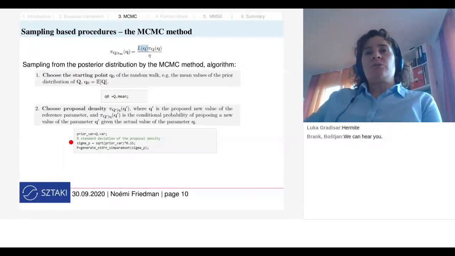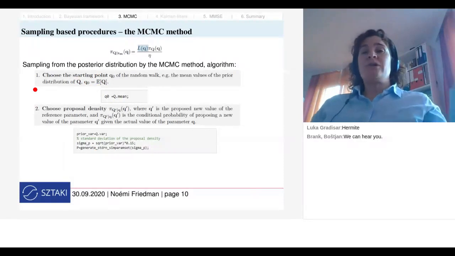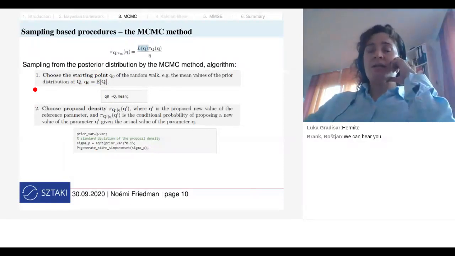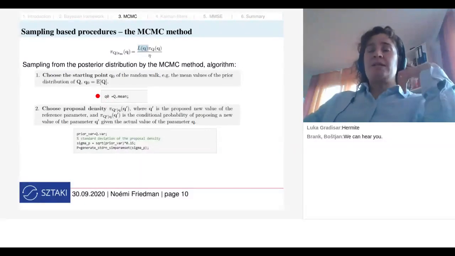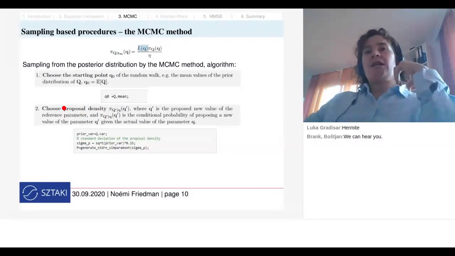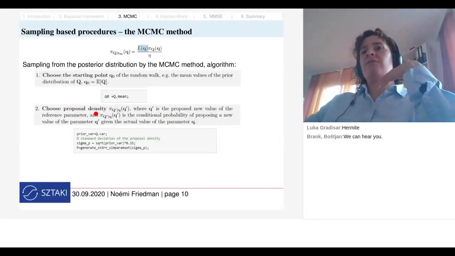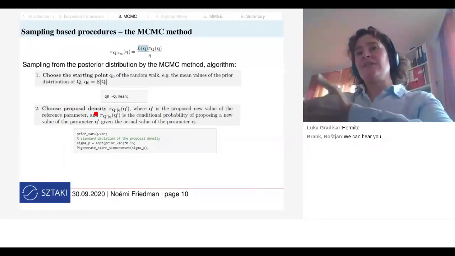So now I choose it to be the mean value. And now I will make a so-called random walk in this parametric space. How I make my steps is influenced by the so-called proposal density. So I define this proposal density, the density from which I sample, and this sample will decide where I put my fit in the next step.